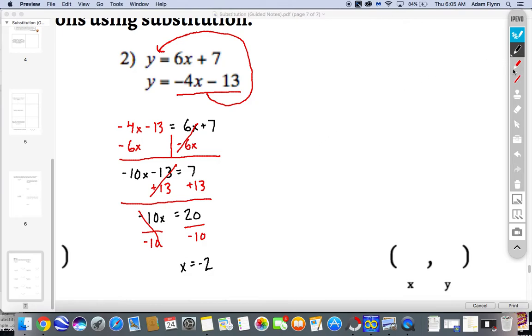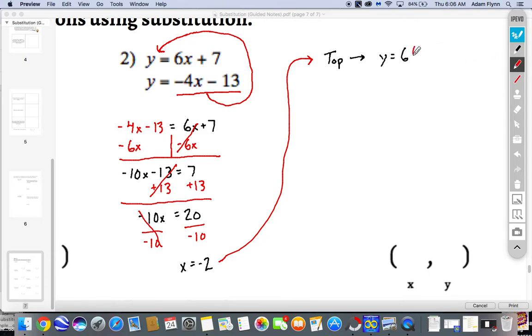So now that I've solved for one variable, I have to solve for the other. So I need to take this negative 2 and plug it in for x in either the top or the bottom equation. So how about I do the top? So I'll go way up here. My top equation is going to be y equals 6.